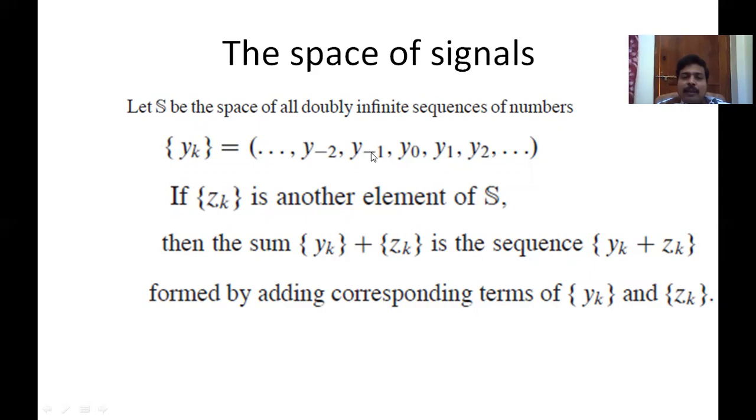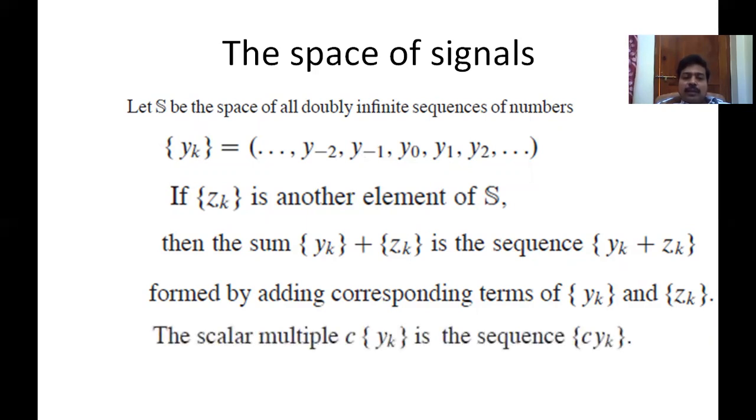Here y minus 1 and z minus 1 are added. You will get a new sequence that is the result of these two vectors. Scalar multiple c times yk is the sequence cyk. That is, you are multiplying each and every term of the sequence by c.